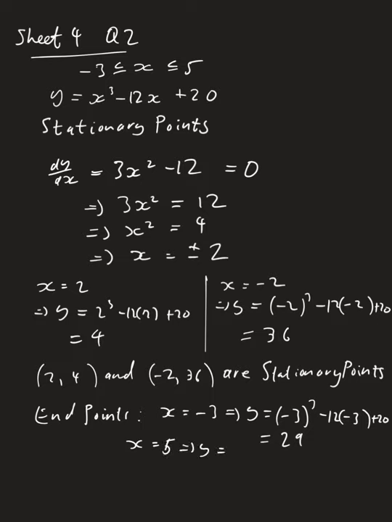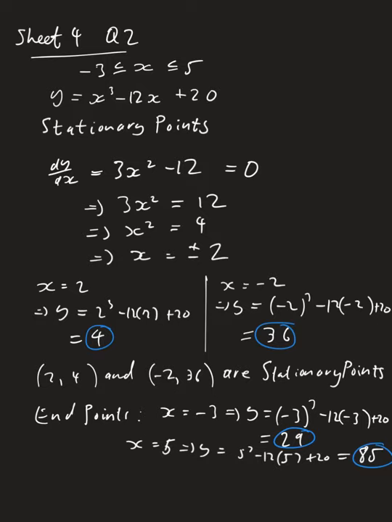So that will give me y equal to 5 cubed minus 12 times 5 plus 20, which is equal to 85. So I have 4 candidates now for y values that could be the greatest or least values for this function, because the greatest and least values have to occur either at an endpoint or at a stationary point. So my 4 values are 4, 36, 29 and 85.